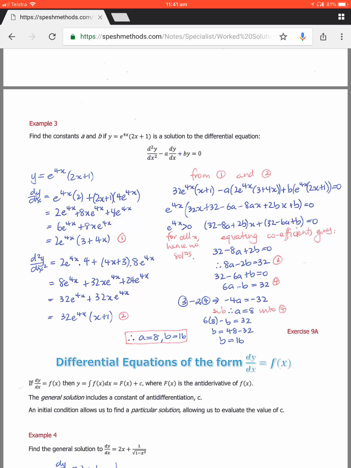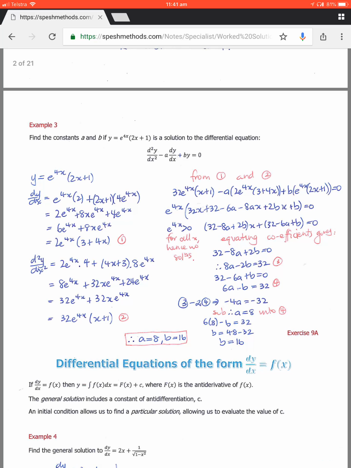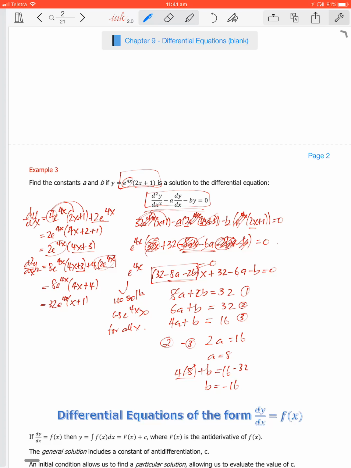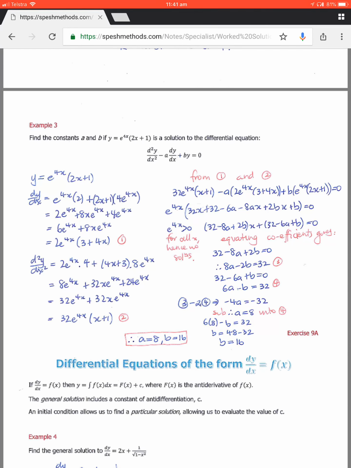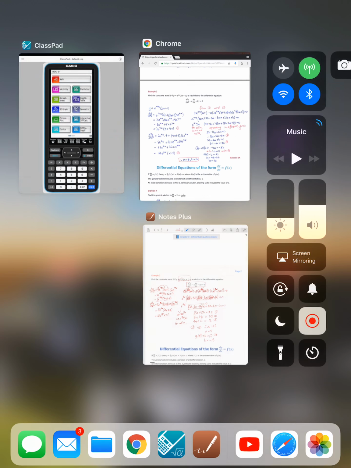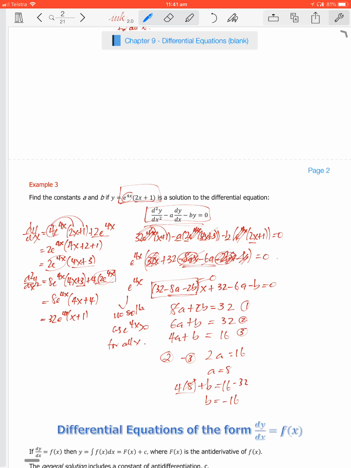So somehow back here, I got a plus 2b. Because that's a plus that. Oh, maybe I stuffed it up here. That's supposed to be a plus. So in here, that's supposed to be a plus. I didn't know that before I went through the question.